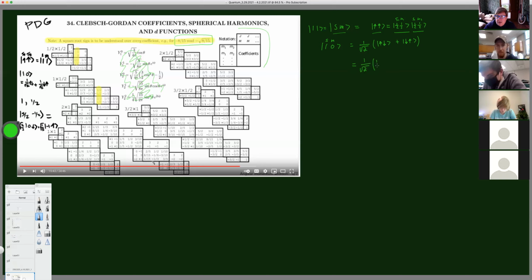It's shorthand for S1 equal 1/2, M1 equal 1/2, S2 equal 1/2, and M2 equal minus 1/2. And then plus the state that is S1 equal 1/2, because of course it's always going to be 1/2, and then M1 equal minus 1/2, and S2 equal 1/2, and M2 equal 1/2.